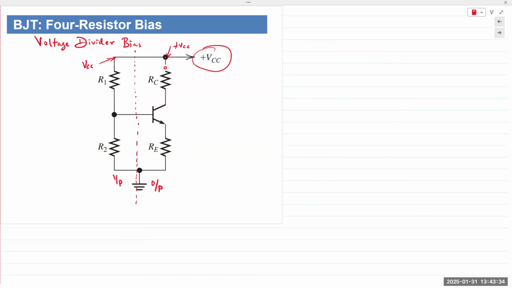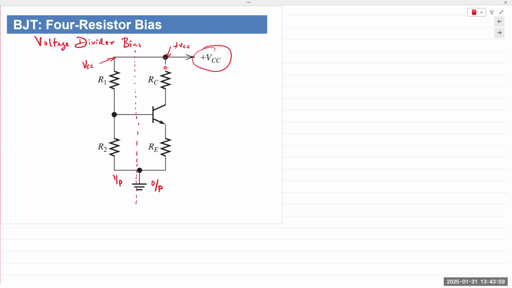On the input side, R1 and R2 form a voltage divider network, as seen from the perspective of the base, from here. Hence, this is also known as a voltage divider bias.